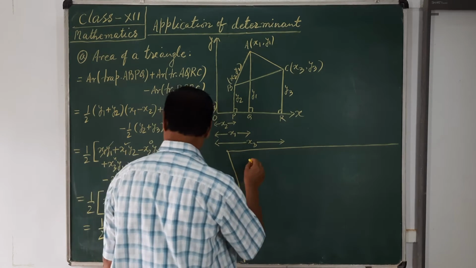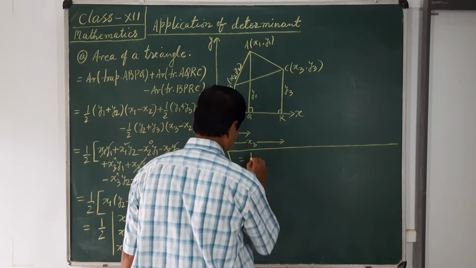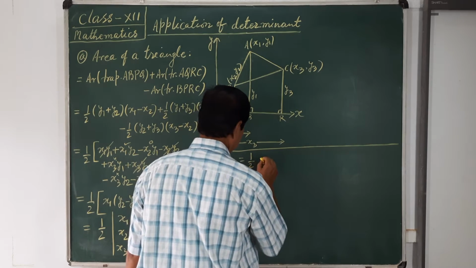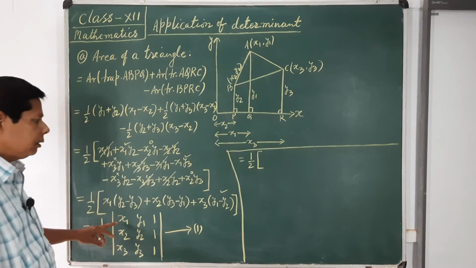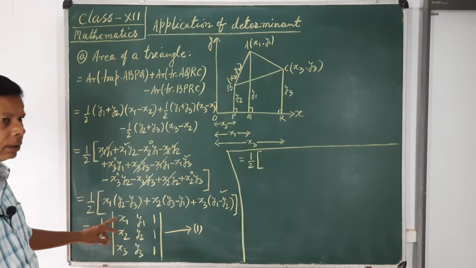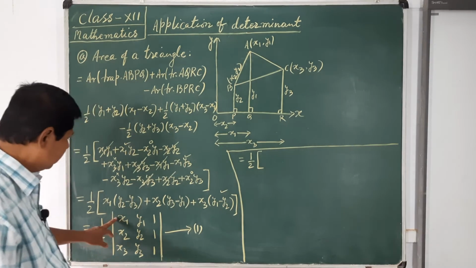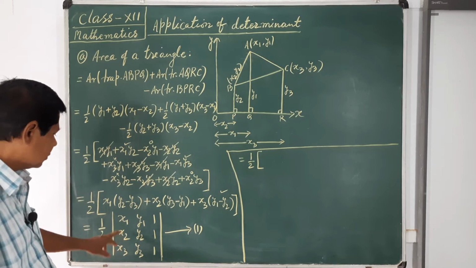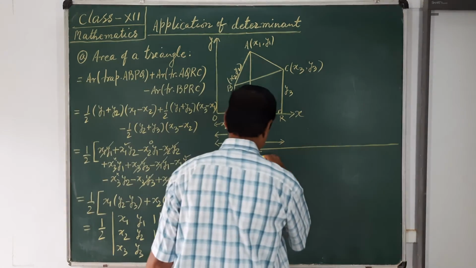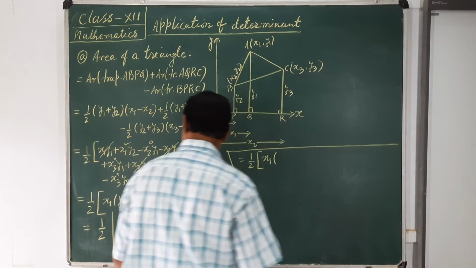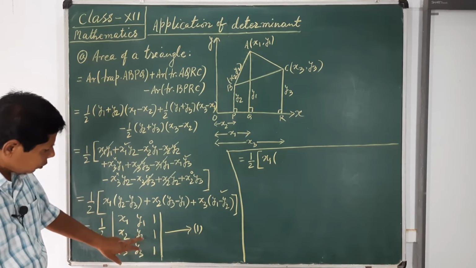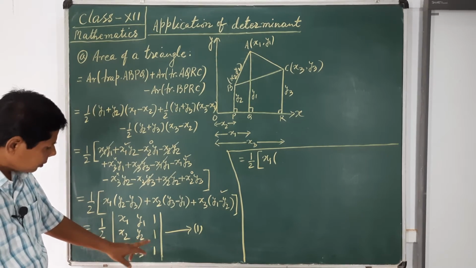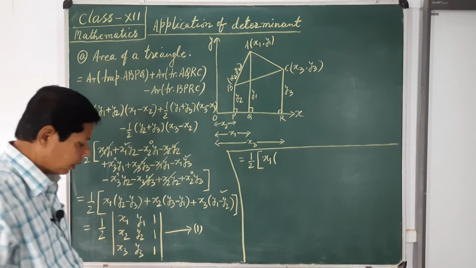So expand it, that is equal to half. Now expand it by the first column. The signs will be plus, minus, plus. So plus x1, then the minor of x1 will be this portion: y2 into 1 minus y3 into 1, so y2 minus y3.